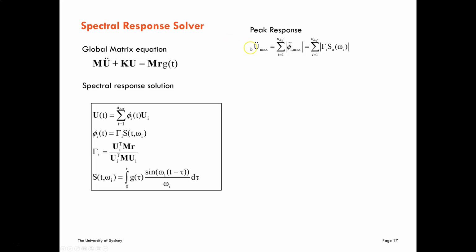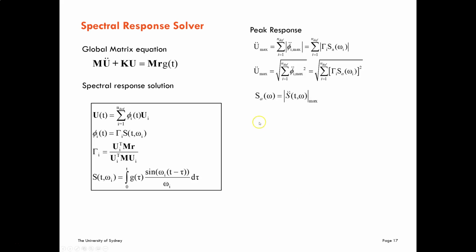In particular, the peak acceleration response is assumed to be a linear combination of the responses of all fundamental modes, where this is the peak acceleration response. You can combine this like this or like this. There are two different ways to estimate the maximal response of the structure.